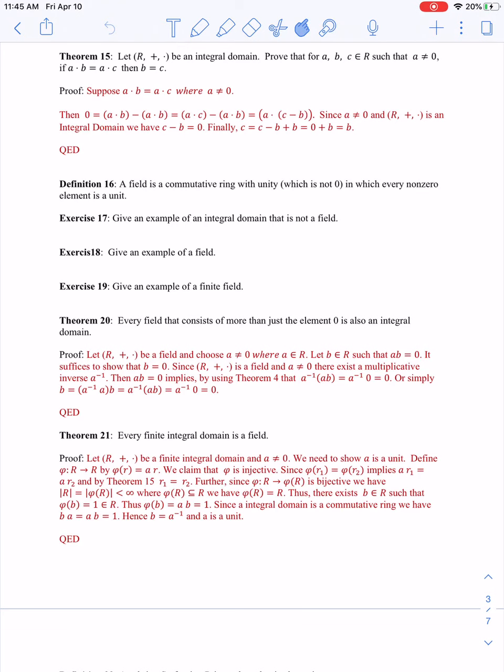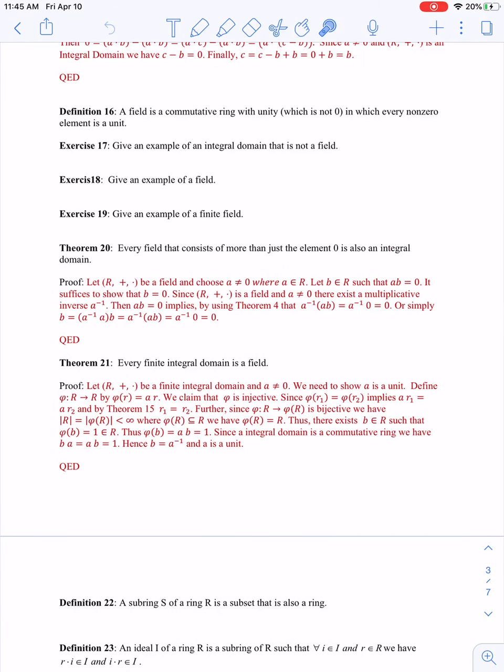But this Theorem 21 tells us that if my integral domain is finite, that is, has only finitely many elements in there, then in that case it is a field.